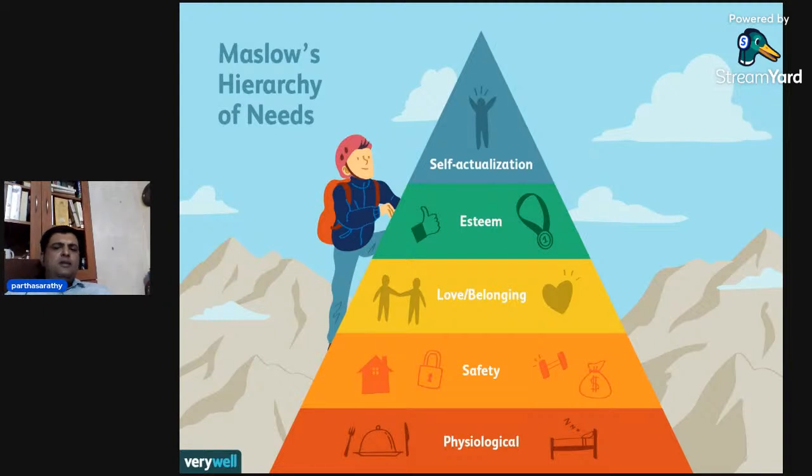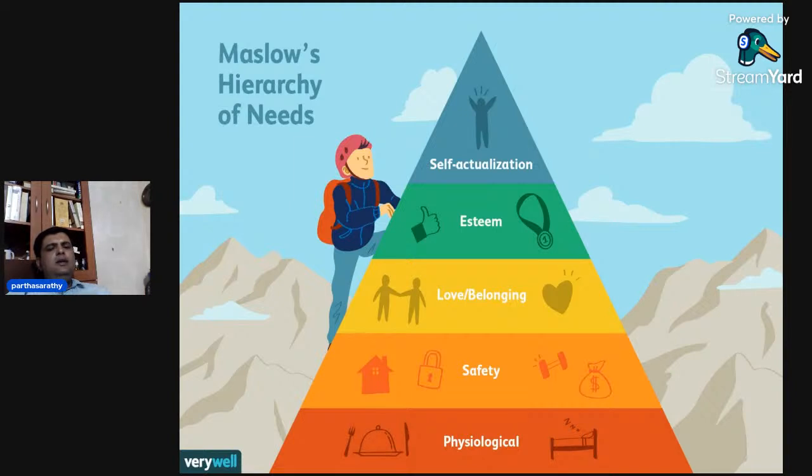According to Maslow, once physiological, safety, love and belonging, and status needs are satisfied, then comes self-actualization. Self-actualization comes after all the needs are satisfied. Now, what can I do beyond this?